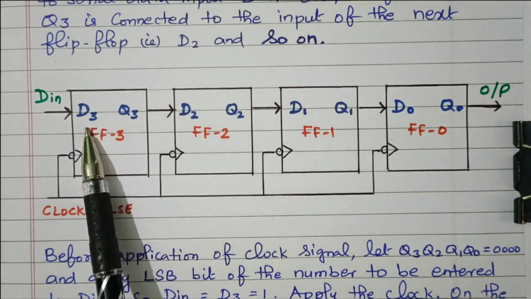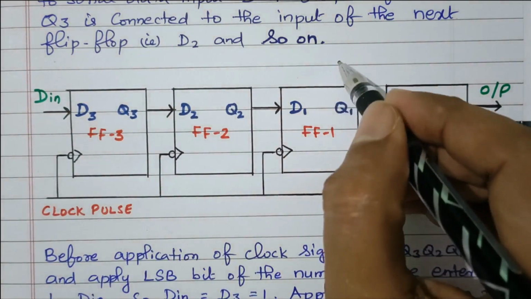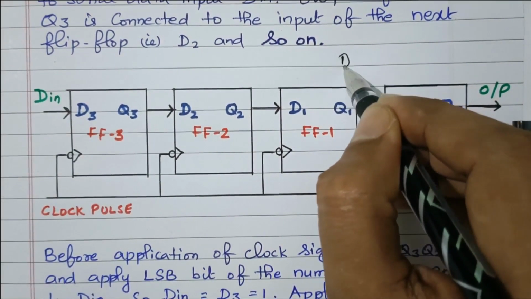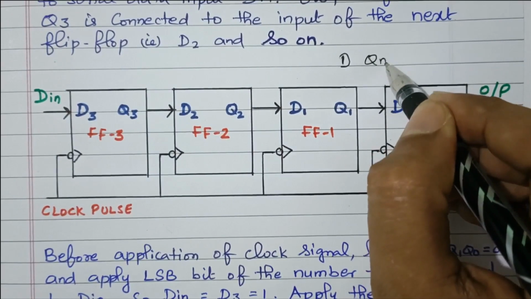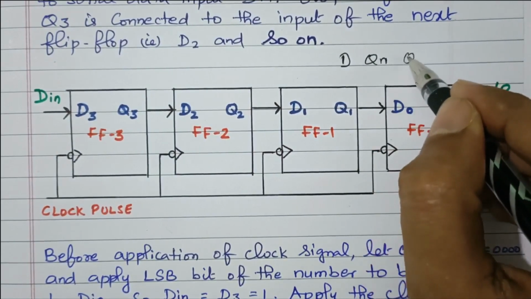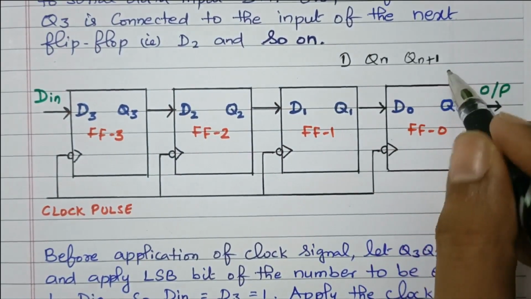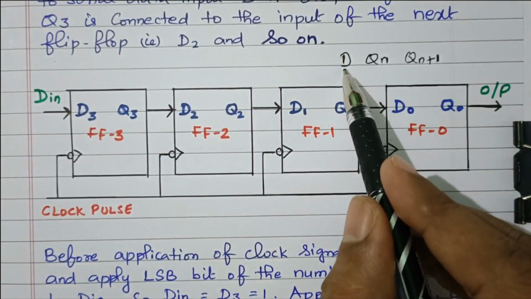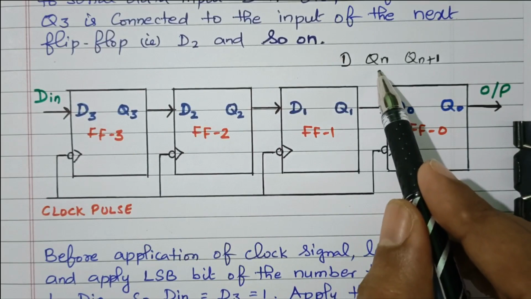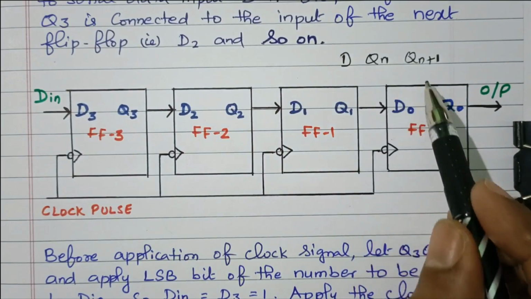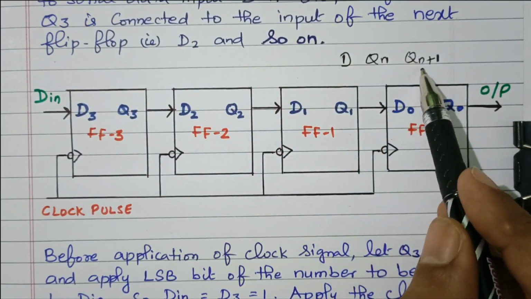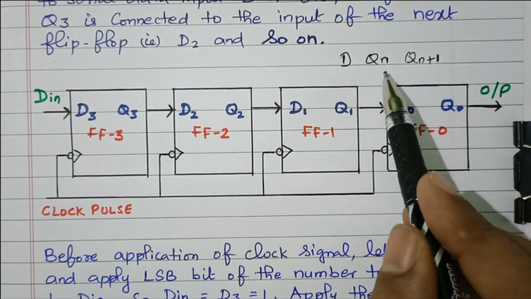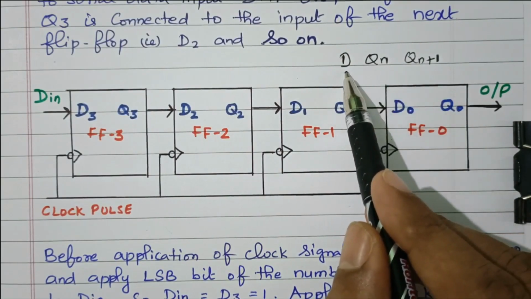What is the nature of the D flip-flop? The input is D, Qn is the present state, Qn plus 1 is the next state. D flip-flop has only one input. Normally in a flip-flop, the next state depends upon the present state and input.